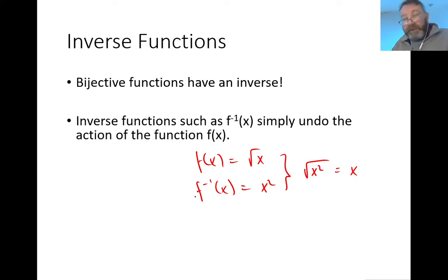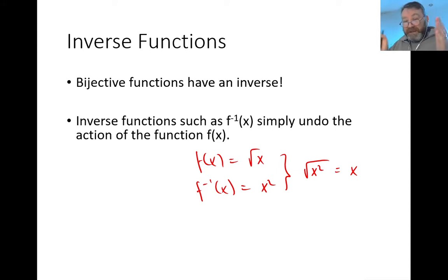Now you'll notice I wrote that minus 1. That's the symbol we use as a power for the inverse function. All right, and what it basically means is, for want of a better term, it's turned upside down. Okay, if I was to ask you what's the inverse of 3/4, you'd say 4 over 3, because you're taking a fraction, turning it upside down. But in this case here, when we're inverting functions, it's a little easier.